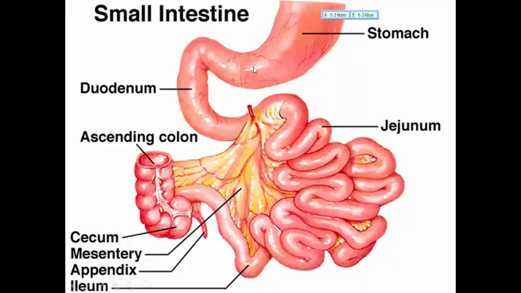This is the ligament of Treitz. Here it is the ligament of Treitz. And from here starts the jejunum, and then the distal 3/5 is the ileum.